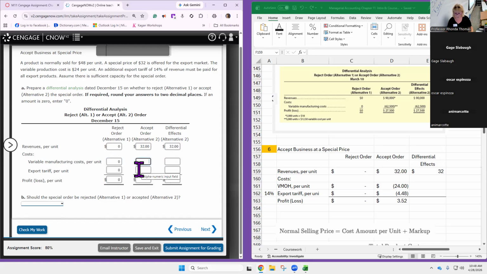So this is going to be $24, and then that tariff is 14% of revenue, so it's $4.48.